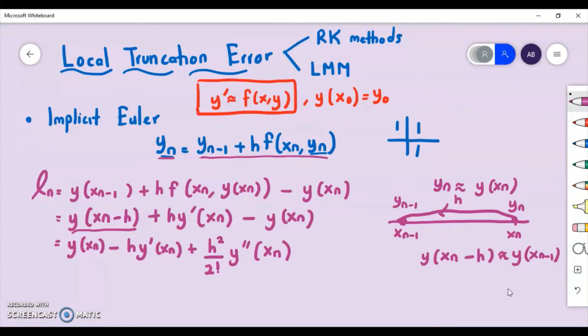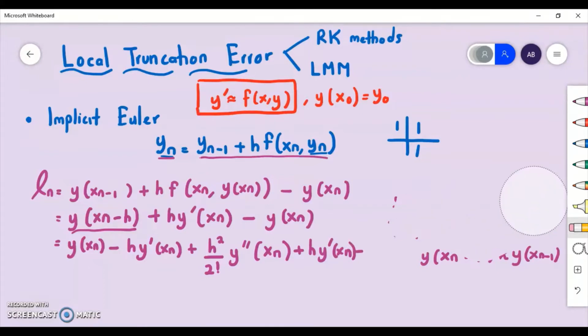So just consider three terms of the Taylor series expression for y at xn minus h, and then we have plus h y prime xn minus y at xn.